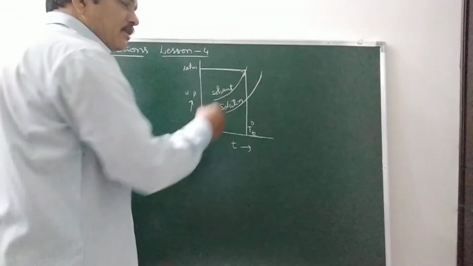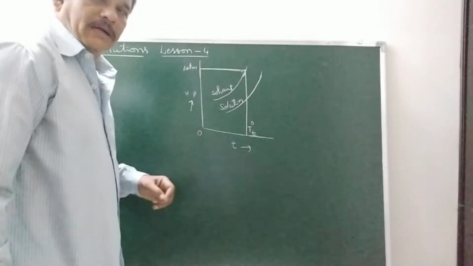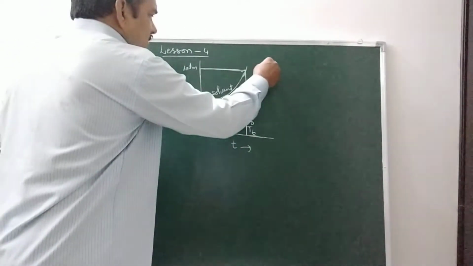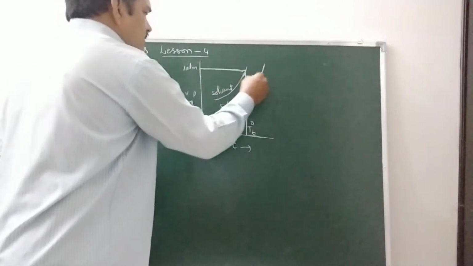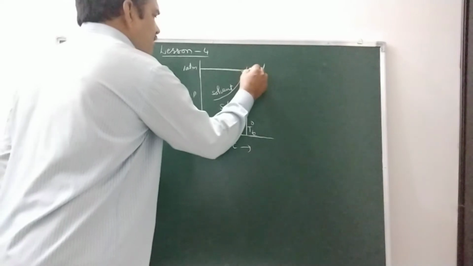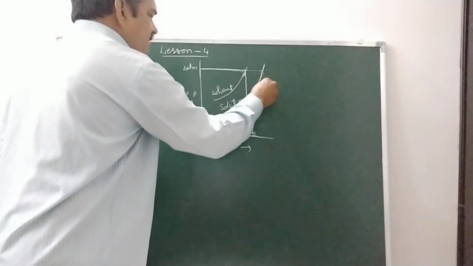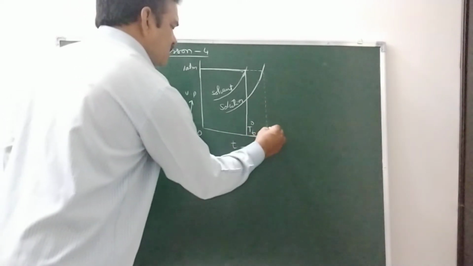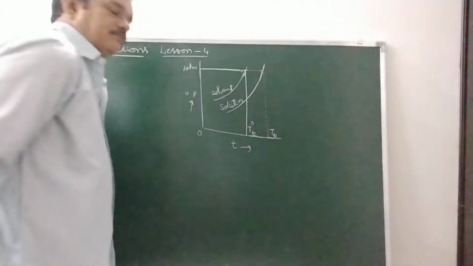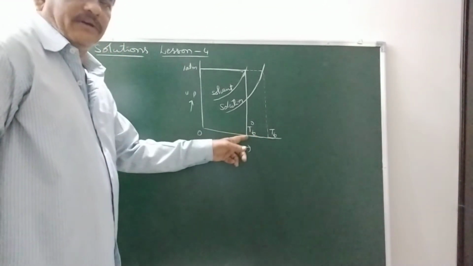When it is converted into a solution by dissolving a non-volatile solute, the graph comes like this. For this solution, if the vapor pressure should be 1 atmosphere, then the temperature should be this one. Say this is TB. TB is more than TB naught.